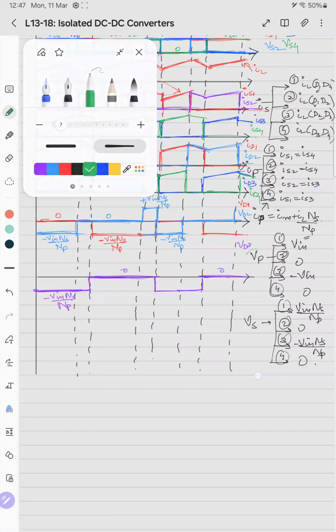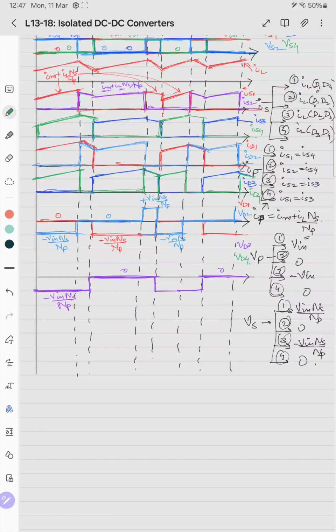Now for VD4, we'll see where it is on. In cases 1 and 4 it should be 0. In case 2 it is minus of this.